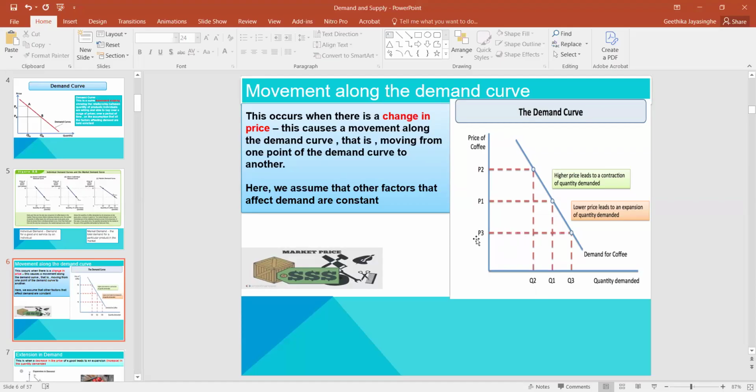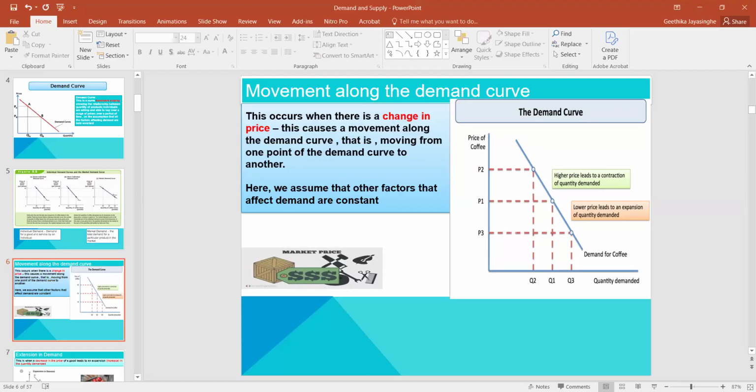Now, at P3, your demand is Q3, right? At P1, your demand is Q1. At P2, your demand is Q2. Okay, you can see at higher prices we will be demanding less, and at lower prices we will be demanding more. So when you get all the points connected, you will be able to draw the demand curve.